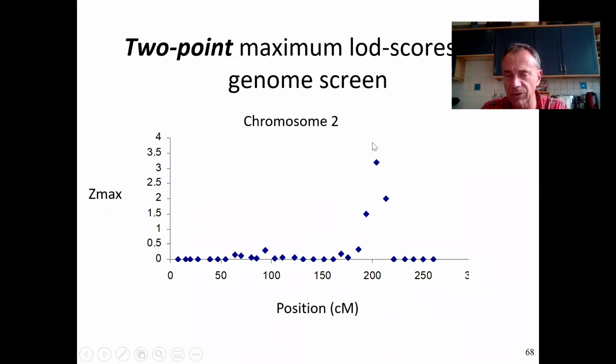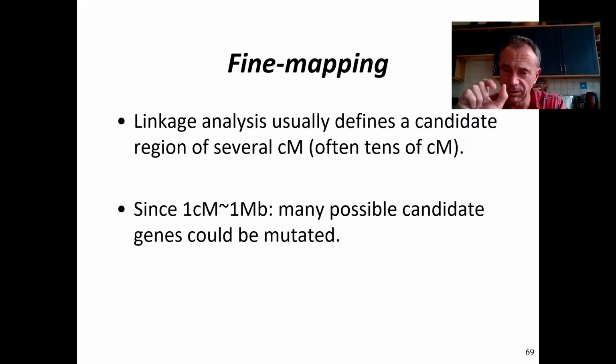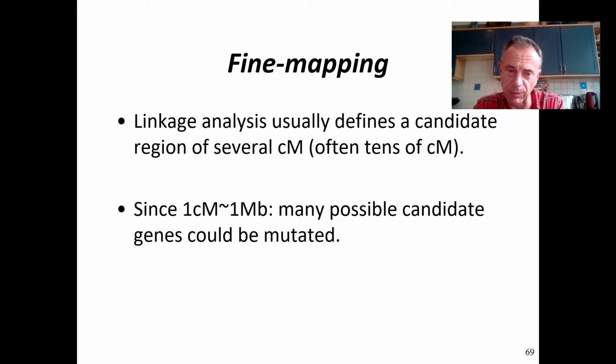Broadly speaking, you've got a spike, but it's a spike that's about 5, 10, 20 centimorgans wide. That is a huge distance, which will contain, I guess, hundreds of genes, to say we got linkage in that region. So even down to 1 centimorgan, which is 1 megabase, you've still got a lot of genes in there to worry about.